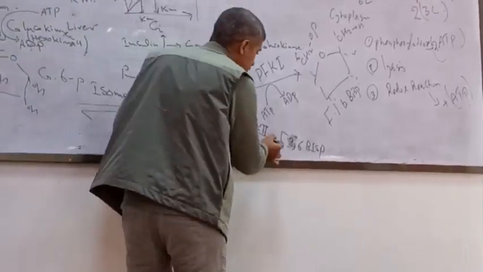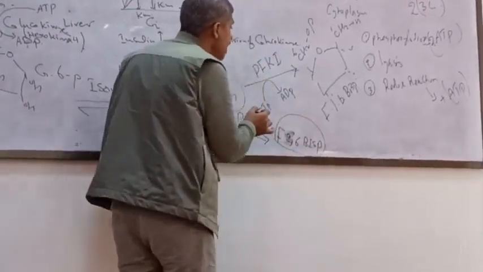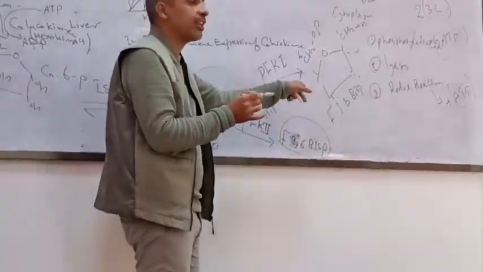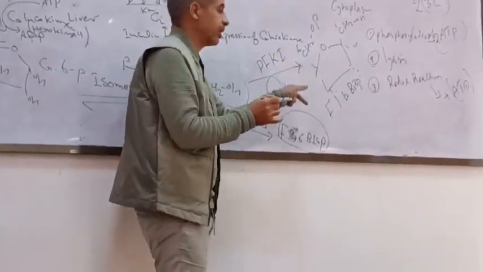Fructose 2,6-bisphosphate is the allosteric activator for phosphofructokinase 1.